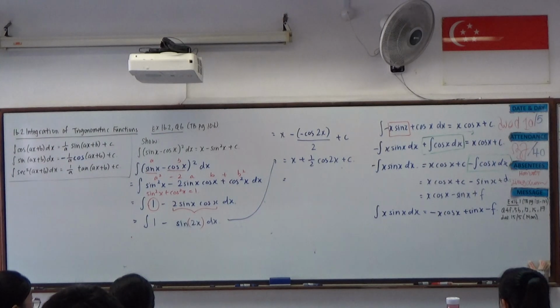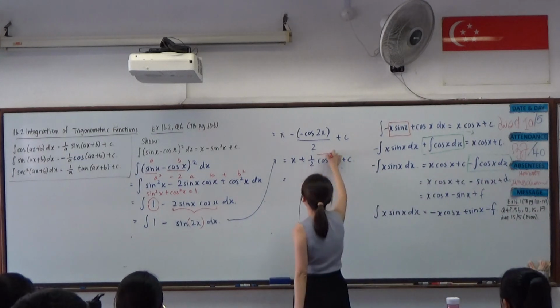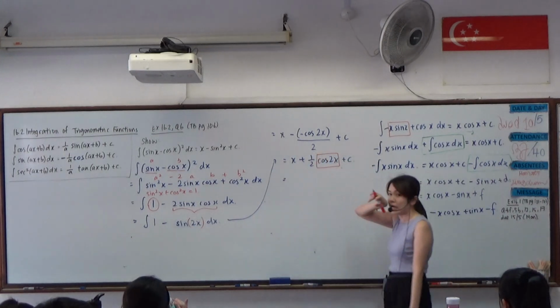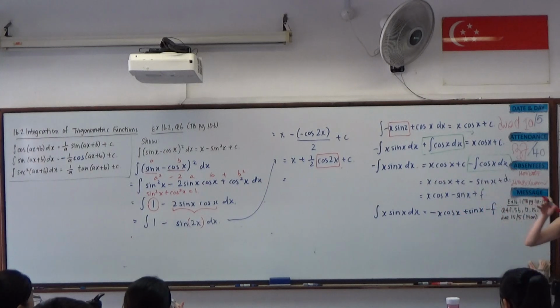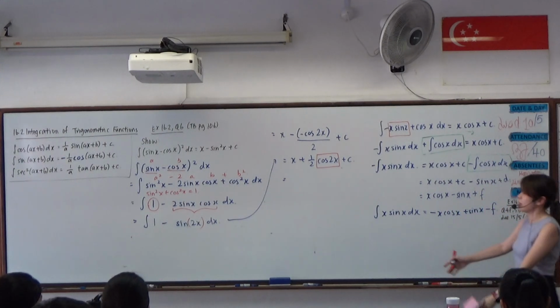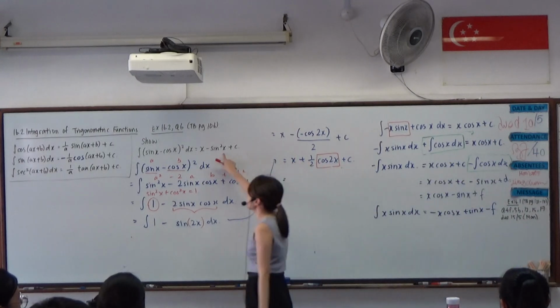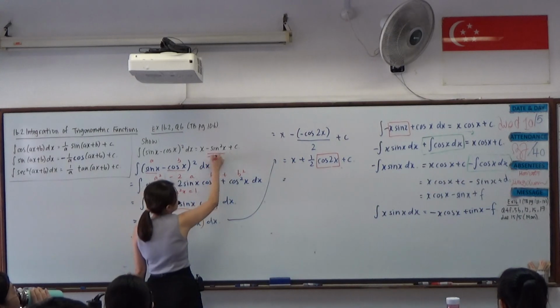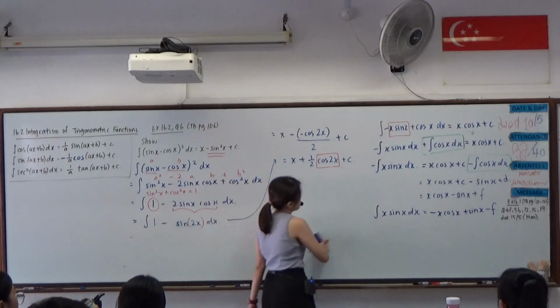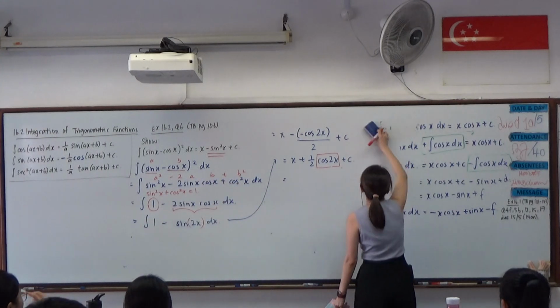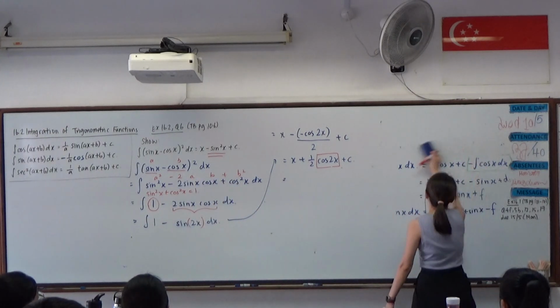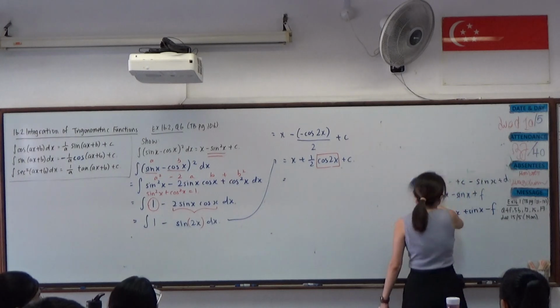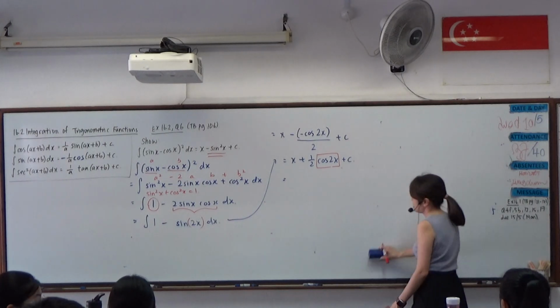Which one to use? Because your cos 2x, if you look at your formula booklet, there are 3 formulas when it comes to cos 2x. Since our objective is to arrive at sin²x, let me just write out the 3 different identities.